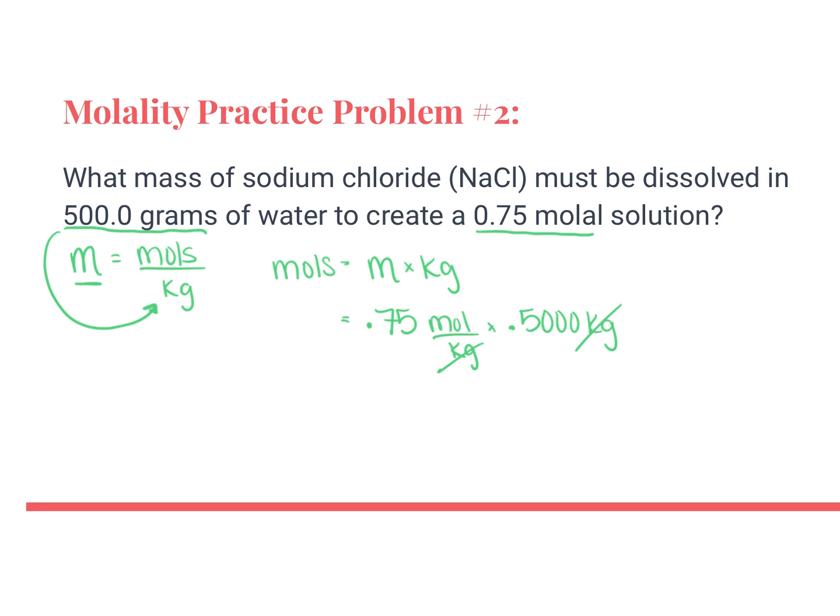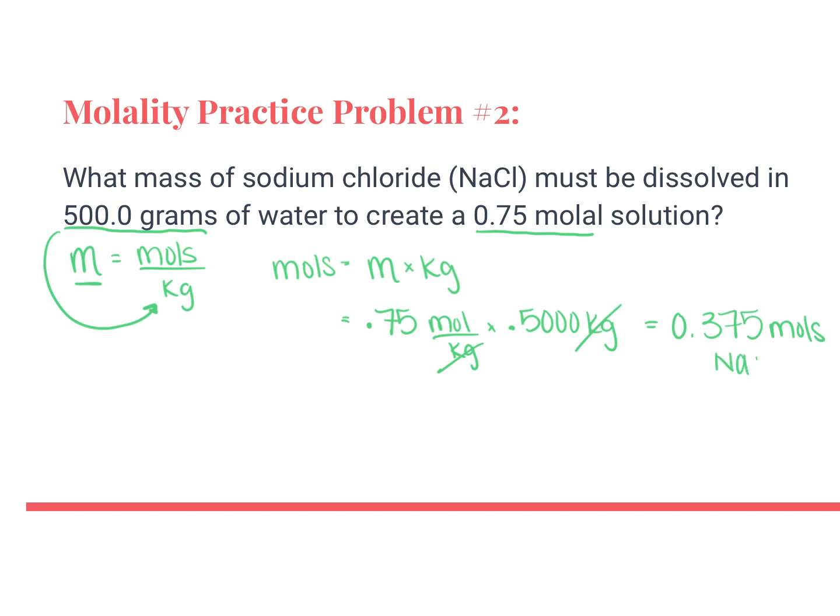So now let's multiply. What's 0.75 times 0.5? Is it 3.75? 0.375. Okay, and notice kilograms canceled, so your only unit that didn't cancel is moles.